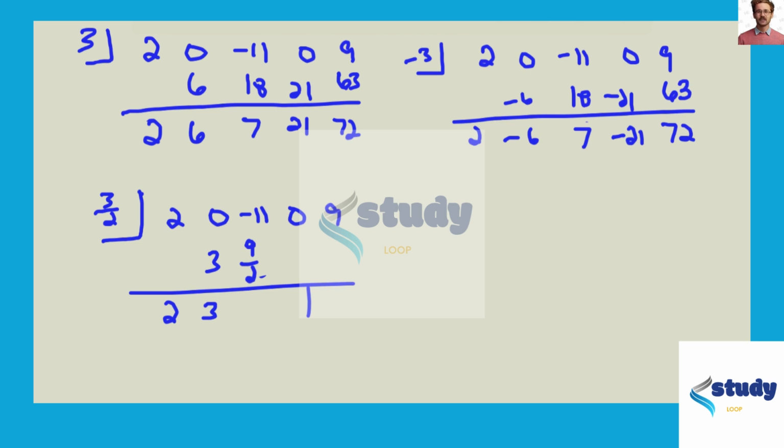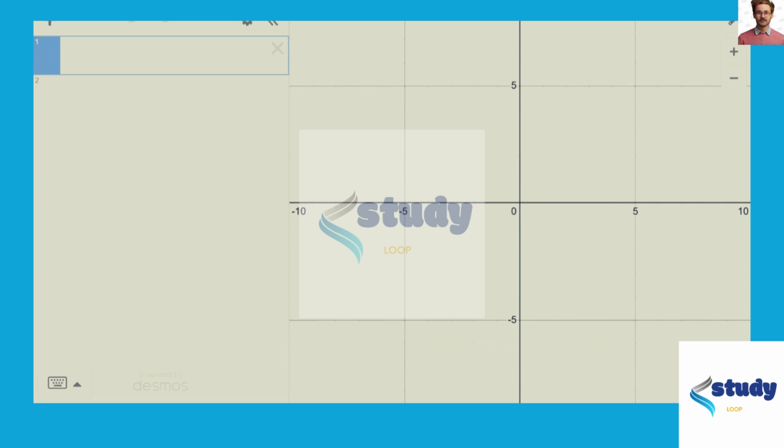And then negative 22 plus 9 is negative 13 halves. And then this would be negative 39 fourths. And then that multiplied by 3 halves. Isn't working either. Let's graph.